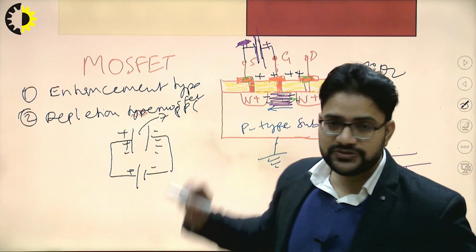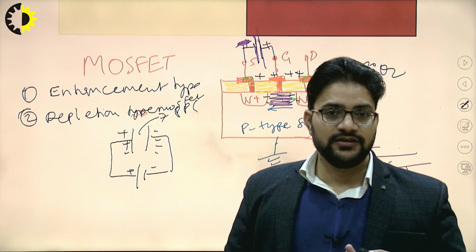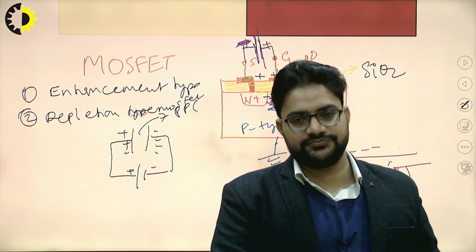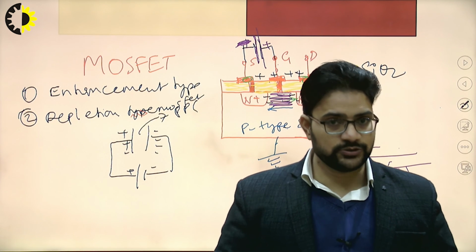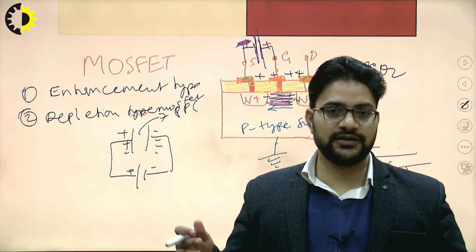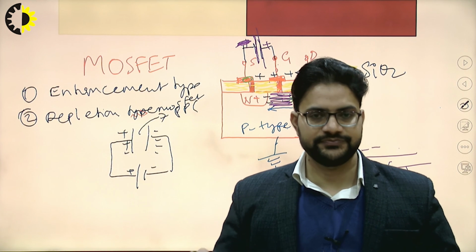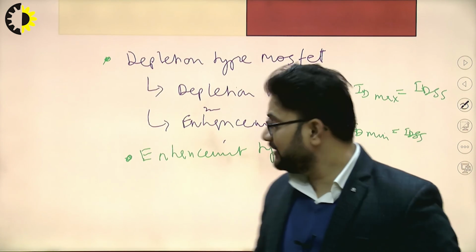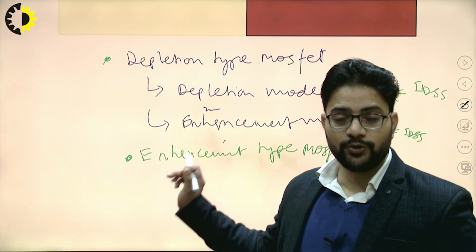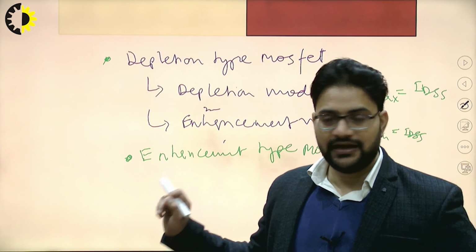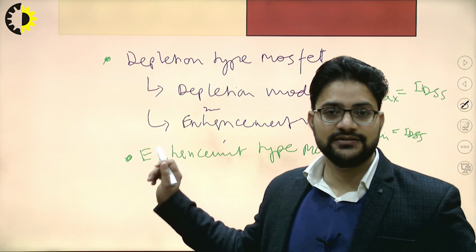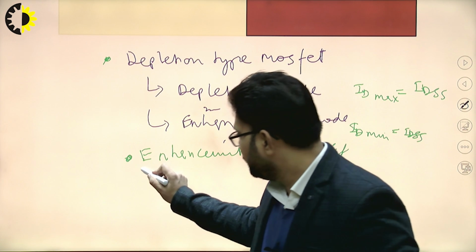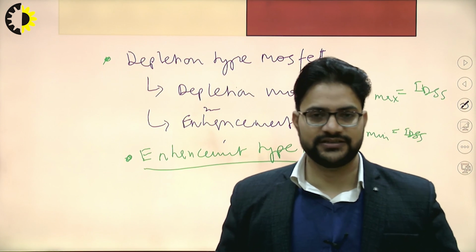The advantage of using this is that the area of the MOSFET has been reduced. Also, performance of the MOSFET in terms of the gain bandwidth product and gain will also improve. So we will get better output when we use polysilicon, and it will make the MOSFET cheaper and convenient to use. So that's why in modern days this enhancement type MOSFET is used.